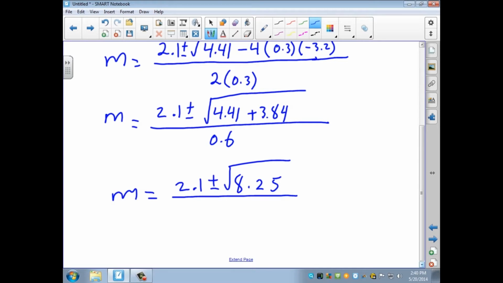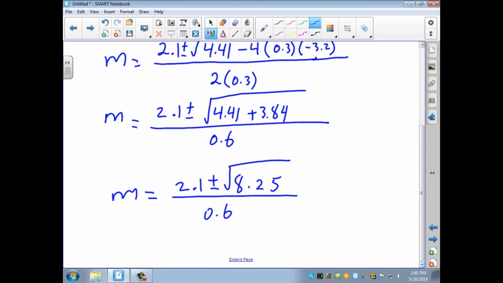I don't know if that would be a square root of 8.25, the square root of it would not be a whole number. So basically divided by 0.6.